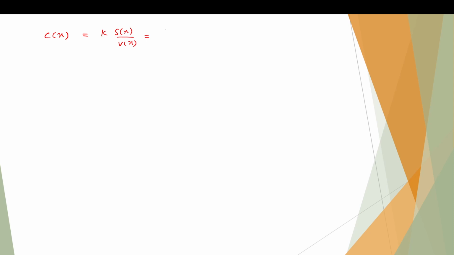So that is nothing but we can write it in terms of v naught: k times s of x upon v naught minus ax, right? And c of x is also minus ds upon a times dx.